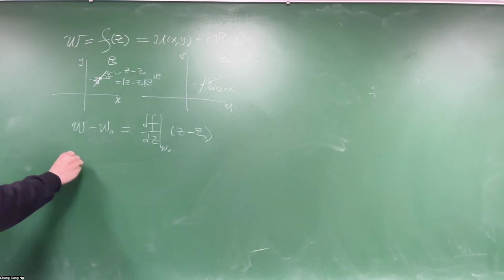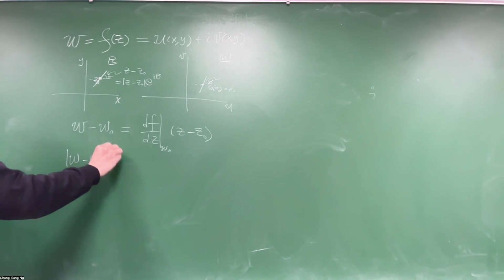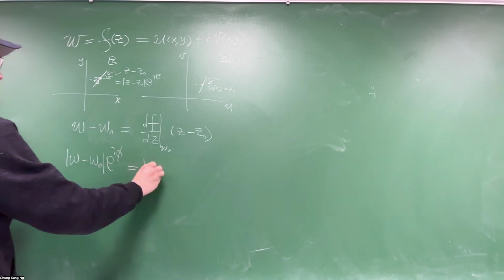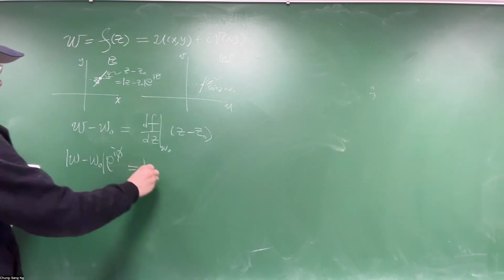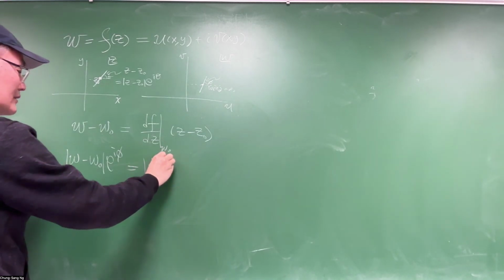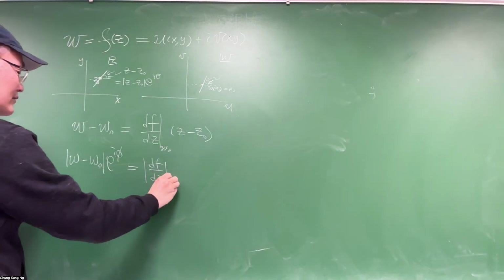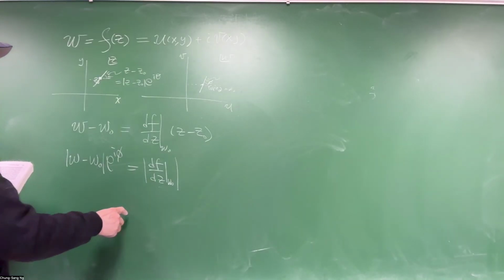This is W minus W sub 0 e to the i phi, equal to, now the df/dz is also a complex number, df/dz evaluated at W sub 0, the magnitude of that, right?